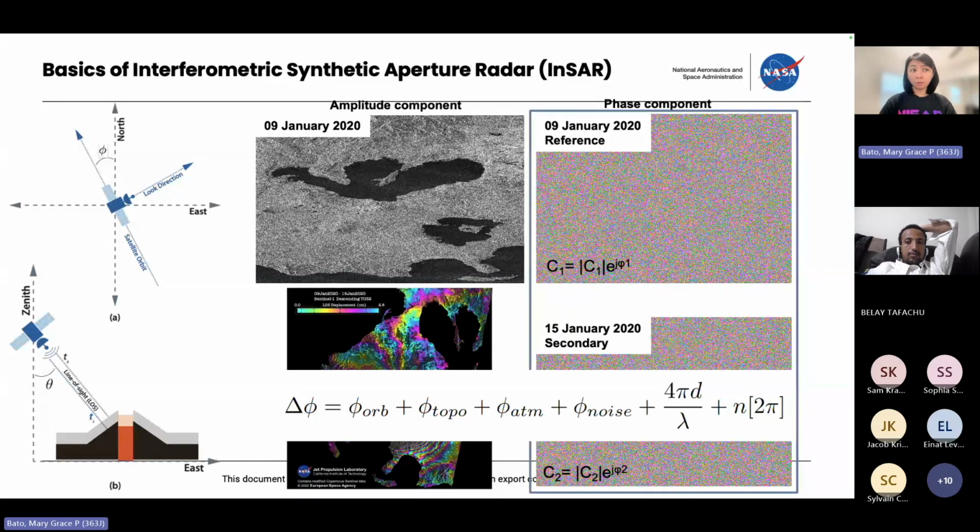There's the topographic term, phase topo, in that equation there, and it's related to the topography or the elevation of the terrain. If you don't perfectly remove the topographic phase using a digital elevation model, then you can have a residual topography that can show up in your interferogram.